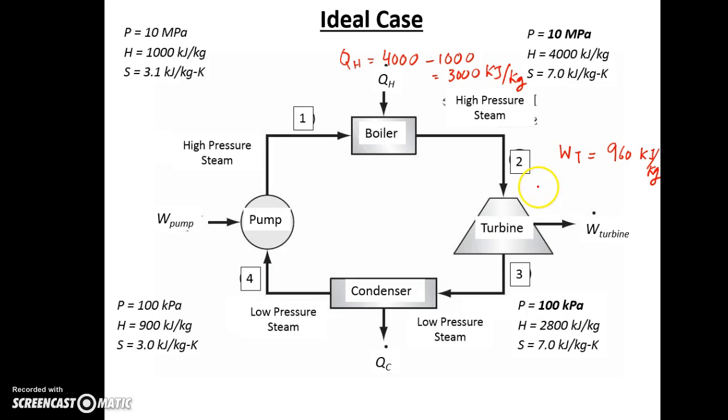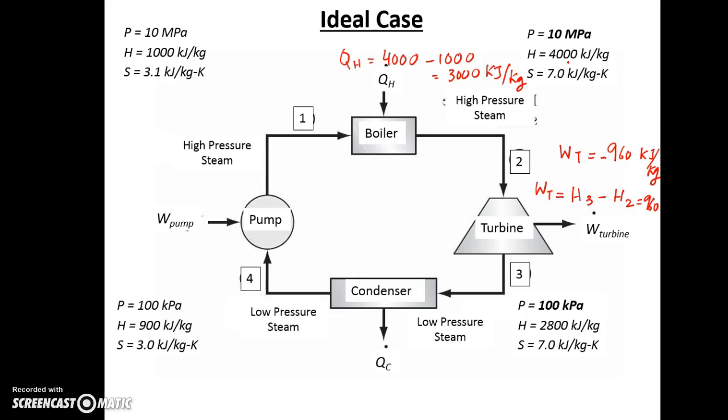What that means is work turbine, again this is negative, so just put a negative sign there, is equal to H3 minus H2 is equal to 960. Note that our enthalpy of the entering stream remains the same, the pressure remains the same, so our entering conditions don't change.